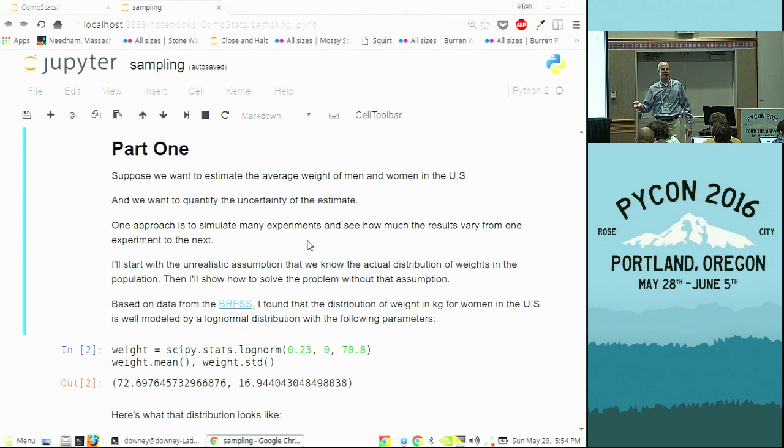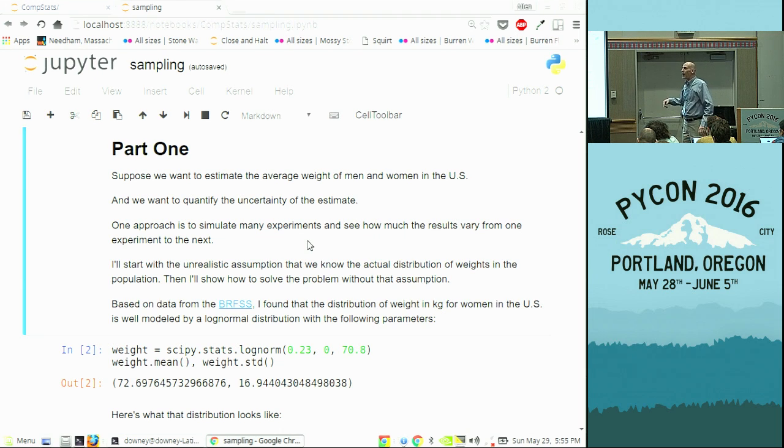just by running simulated experiments. So in this example, I am going to take this very large data set, the Behavioral Risk Factor Surveillance Survey, and use this as if it's the truth. So I'm going to assume that the distribution of adult weight for women in the United States is, in fact, that distribution. And just join me in stipulating that's the answer.